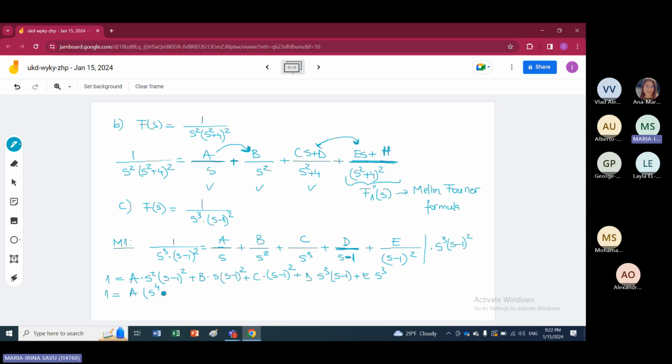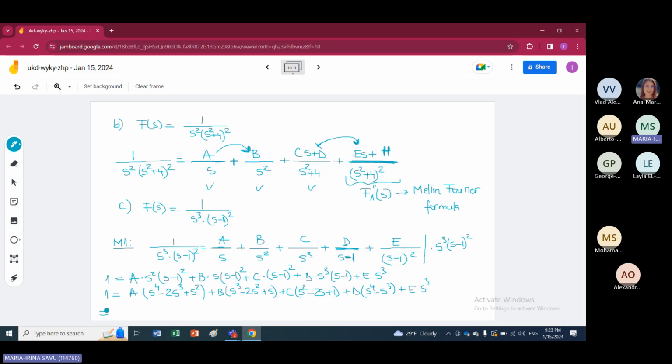This is s to the fourth minus 2s cubed plus s squared. Then we have s cubed minus 2s squared plus s, plus c times s squared minus 2s plus 1, plus d times s to the fourth minus s cubed, plus e times s cubed.